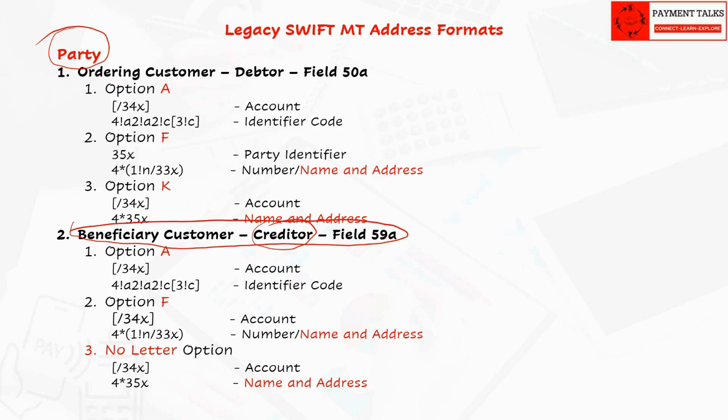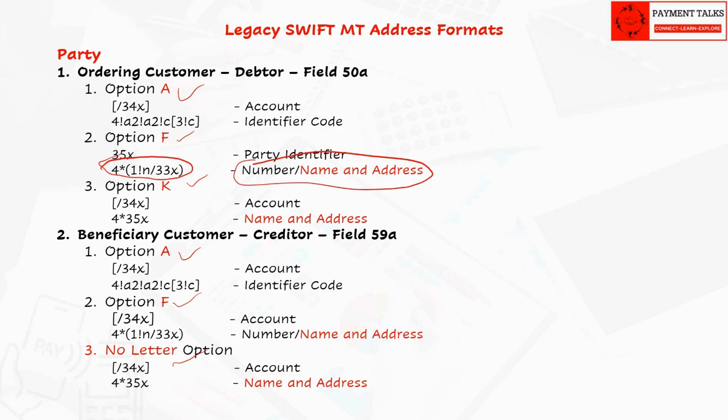As you can see here, these are the options or formats in which these elements carry the information in legacy MT format. As highlighted, the name and address get 4 lines of 35 characters at maximum. The first line is always taken by the name. So for address, only 3 lines of maximum 35 characters are available.